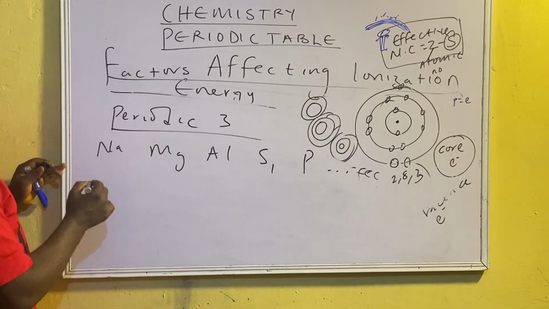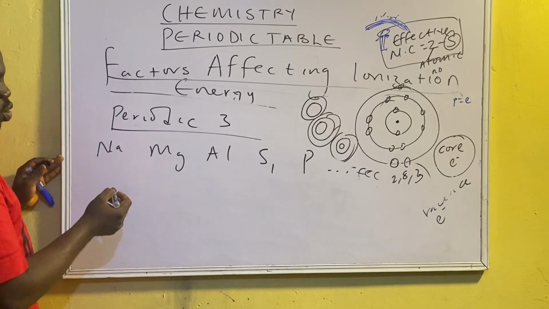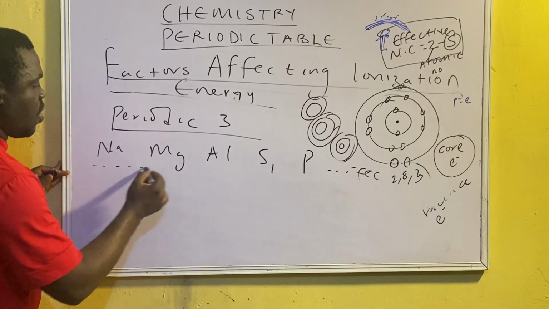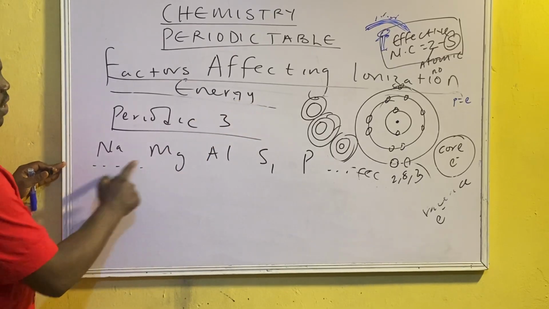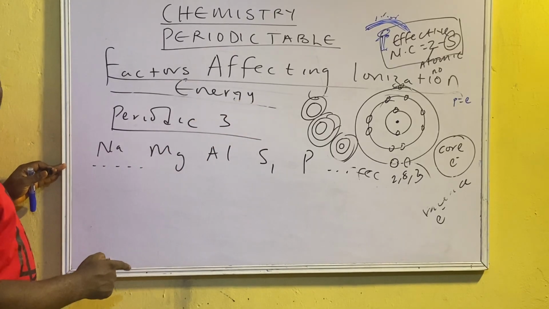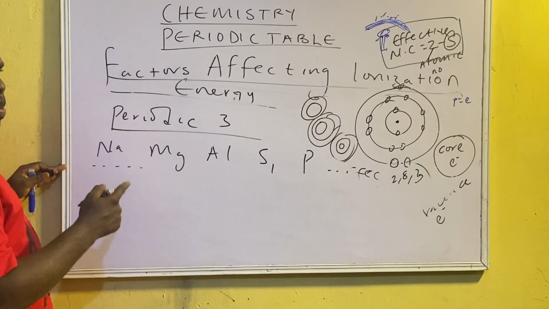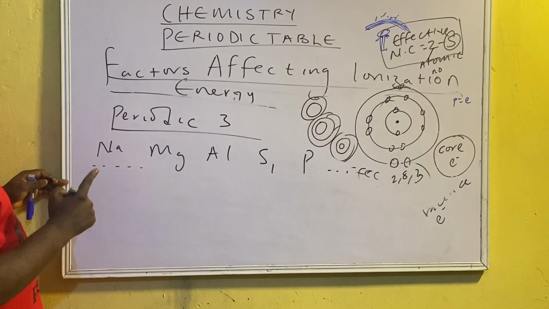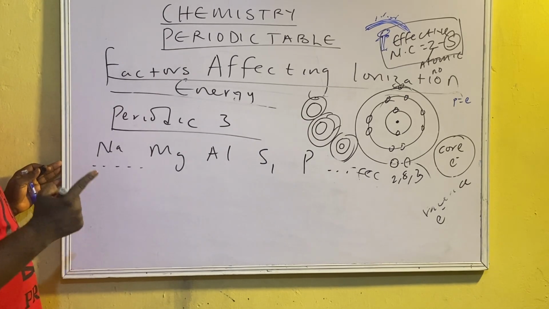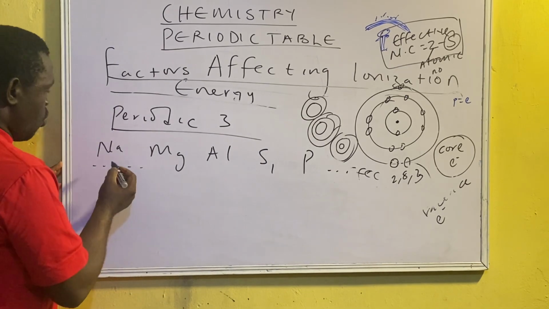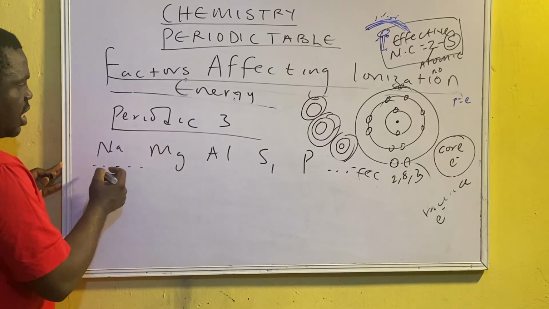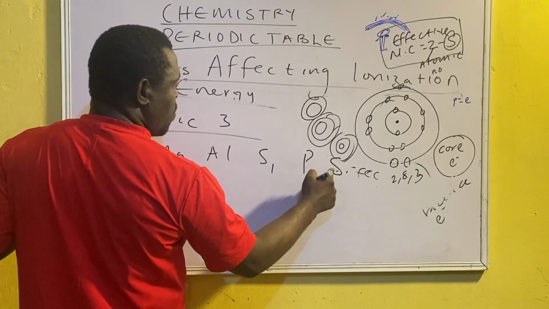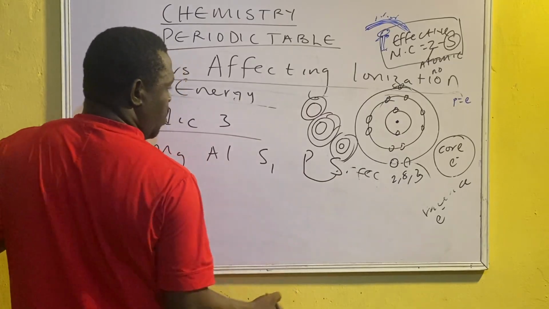In this period 3, we are told that ionization energy increases across the period as you move from left to right. Is that so? Yes, that's correct. But then we realize that that statement is not absolute. It's not totally correct. It is true that the ionization energy increases until you get to phosphorus, for example, and sulfur.